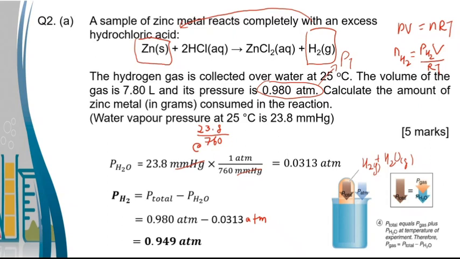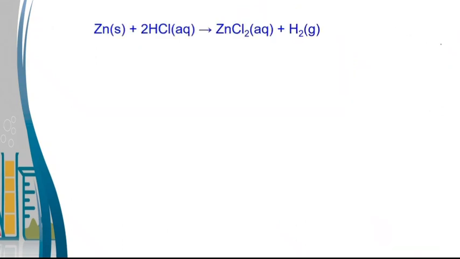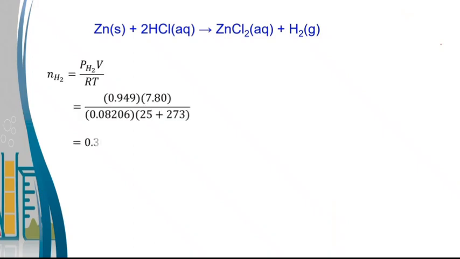Then using stoichiometry, we can calculate the number of moles of zinc used up in this reaction. The allocation of marks for this part is only 1 mark for the partial pressure of hydrogen gas. This is the balanced equation.